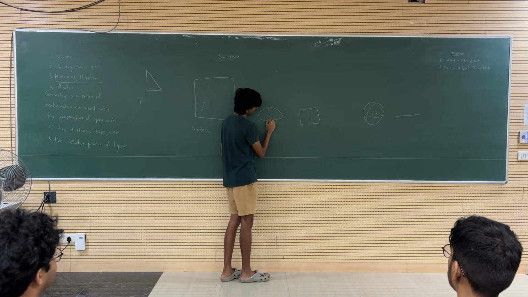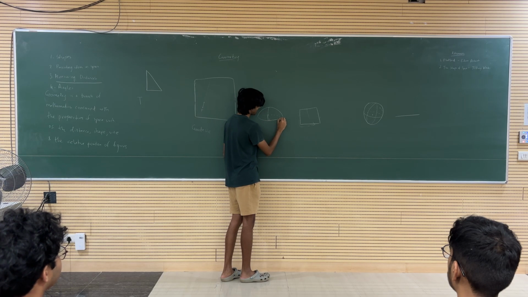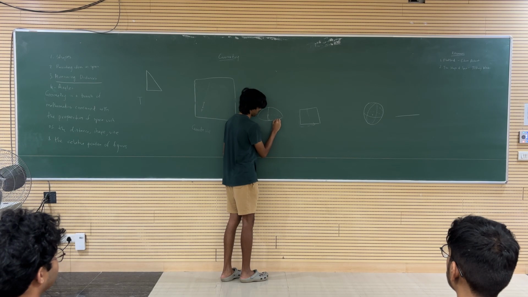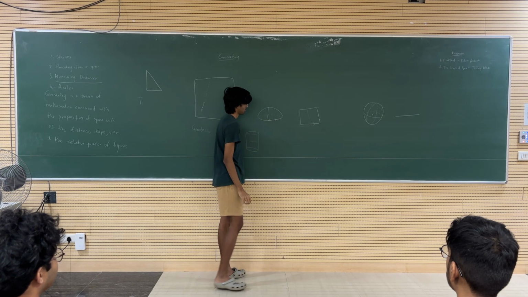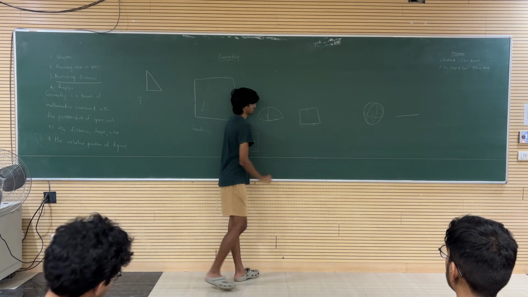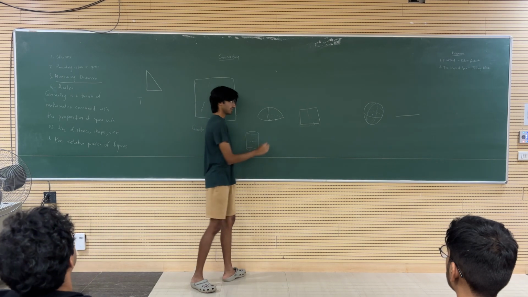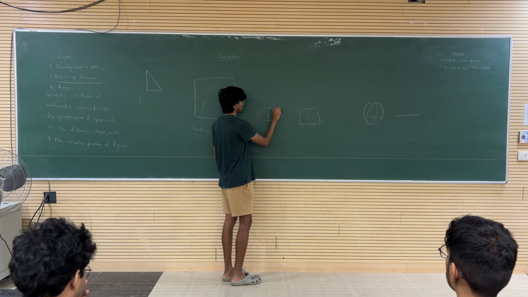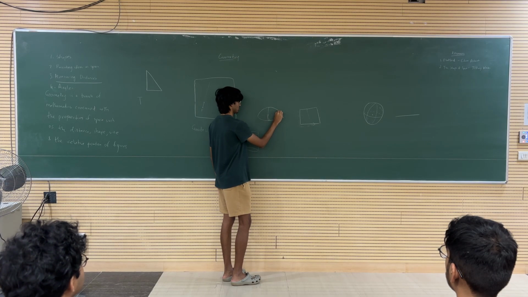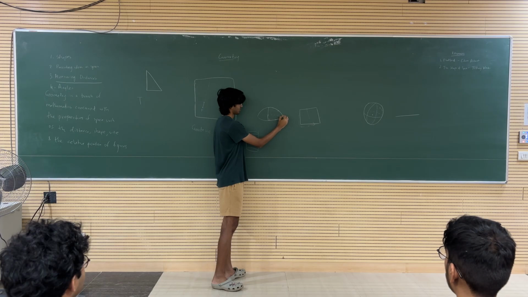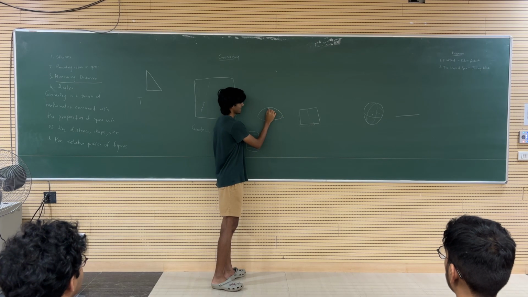Now she travels along another geodesic. This is actually a geodesic, right? Because it's a hemisphere. And she reaches a point over here. And then she travels along this path. So what is this angle? And this angle?